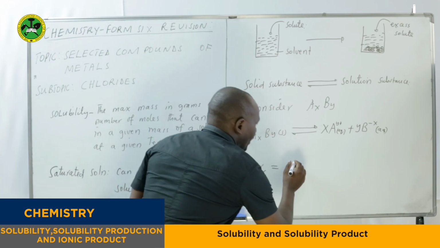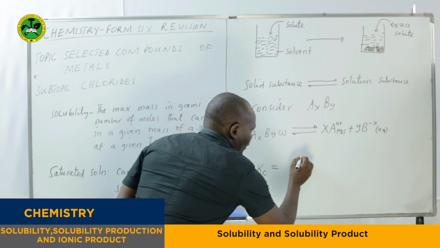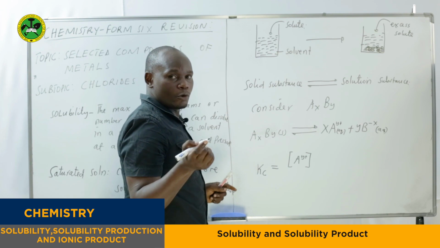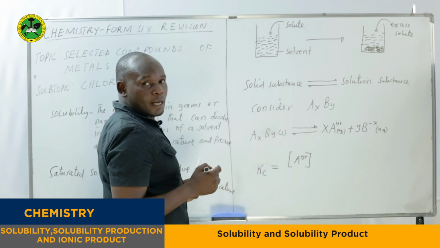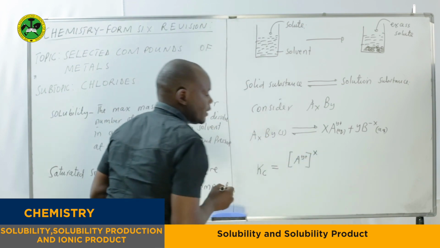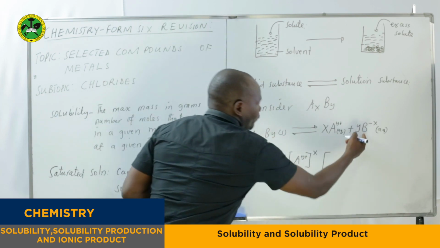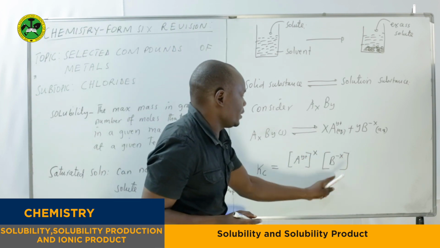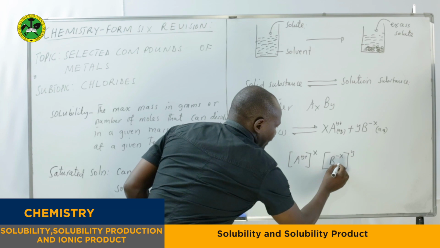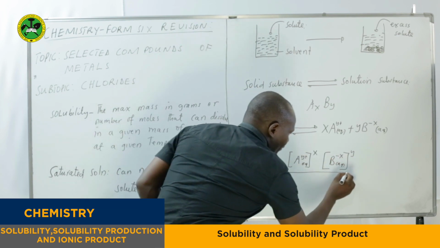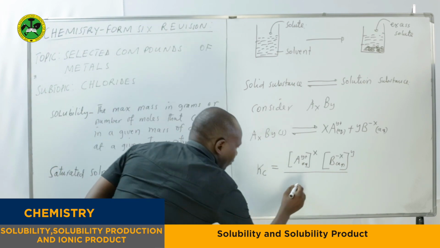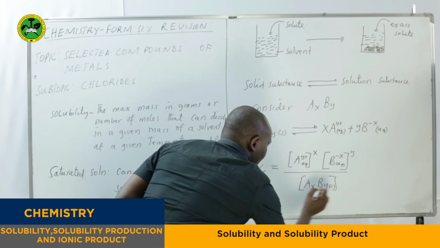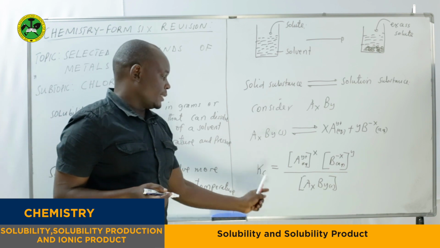So you have the concentration of A raised to the power of its stoichiometric coefficient x, times the concentration of B raised to the power y, both aqueous, divided by the concentration of the reactant, which is our solid AxBy.